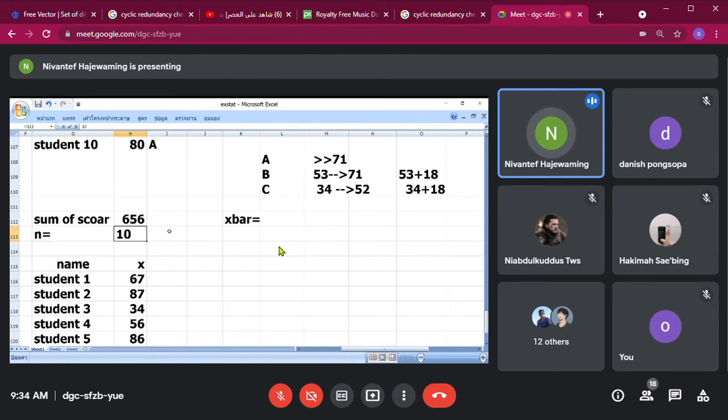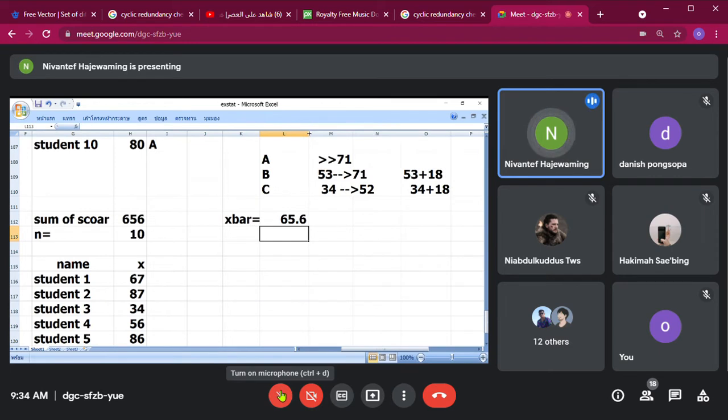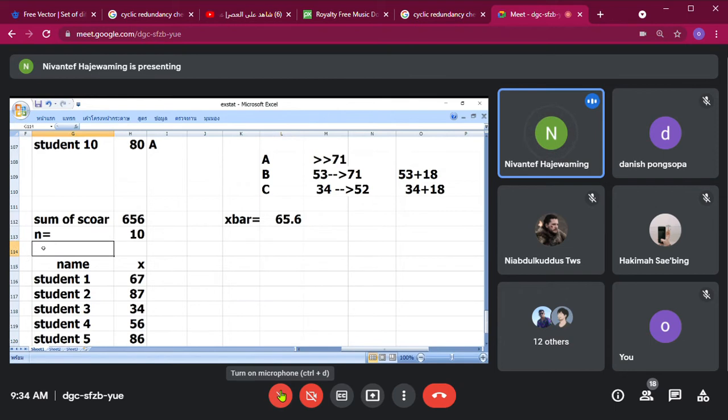X bar equals this number divided by 10. Okay, you get X bar is 65.6, right? And now you must find the standard deviation, right?